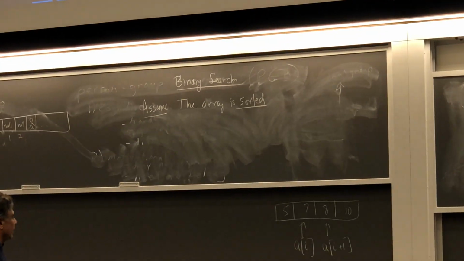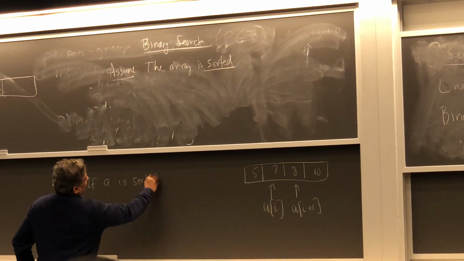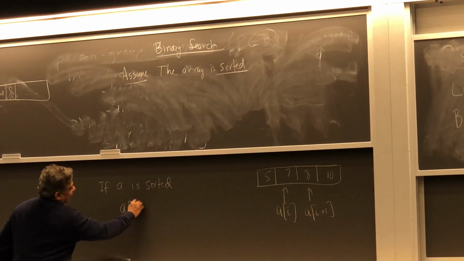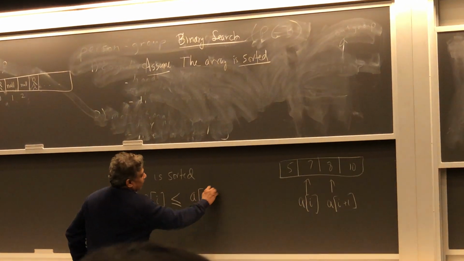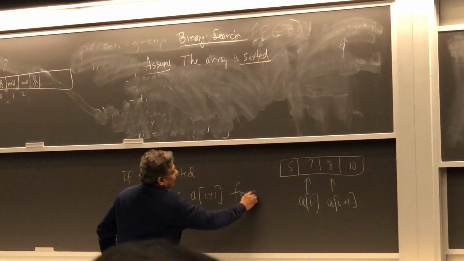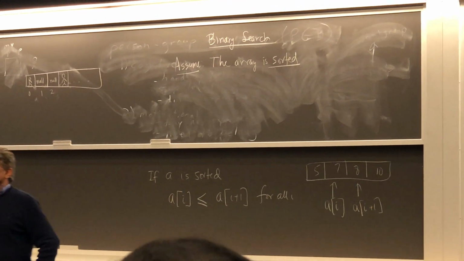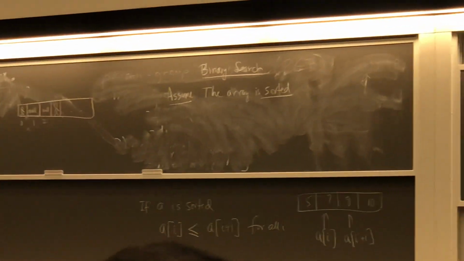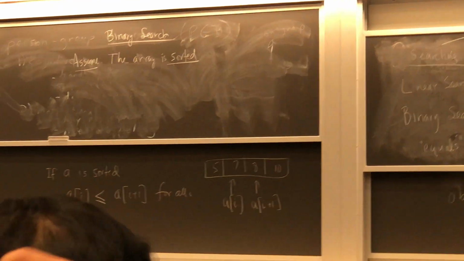So if A is sorted, then we know this is true: a's of i is less than or equal to a's of i plus 1 for all i. i equals 0, i equals 1, i equals 2, up to whatever the length minus 1, right? Do you agree with that? If A is sorted, that condition must be true for every element.